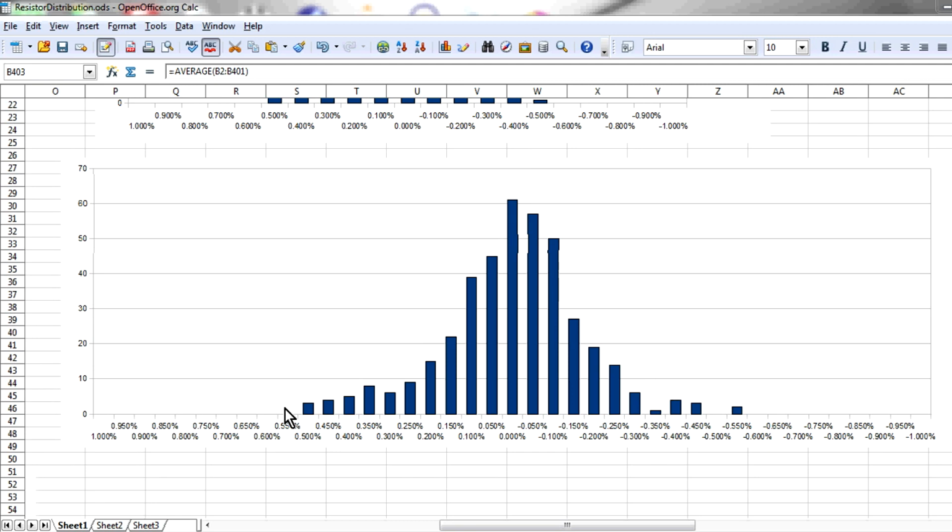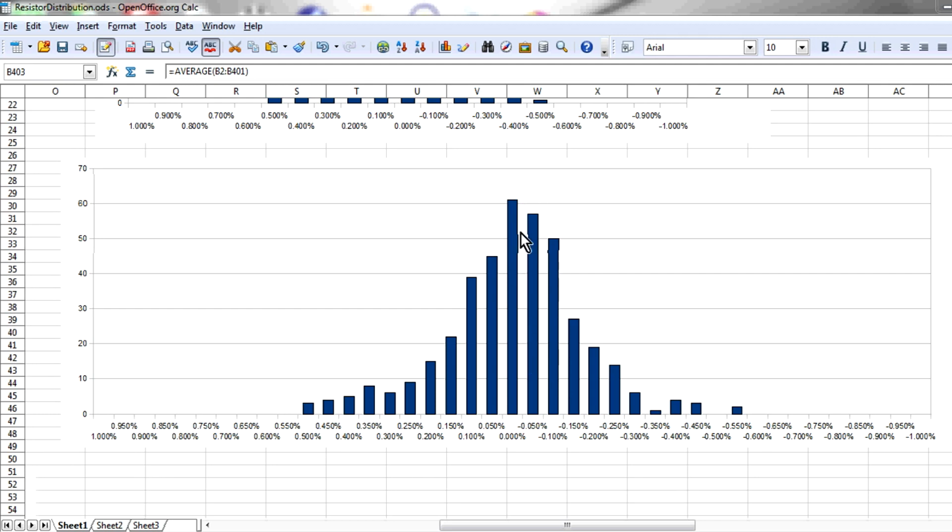If you've got a noise floor of an op amp or something, it's going to have this same type of Gaussian response. And what it basically represents is a probability of a particular device you buy.